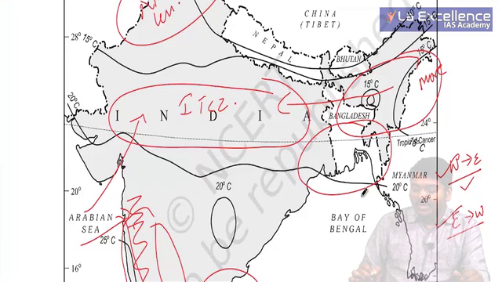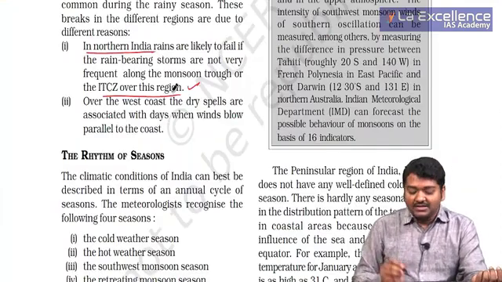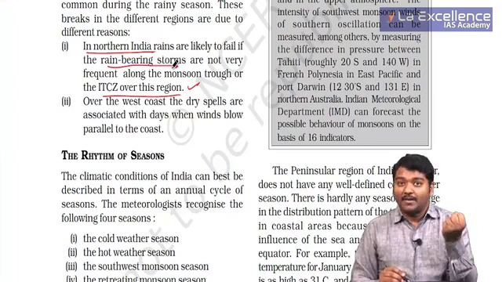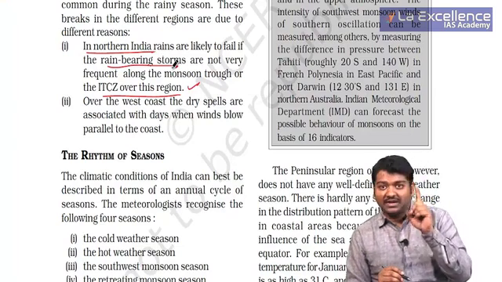But when you take the Bay of Bengal branch which hits this region, and again when it is coming back, by the time it comes back, the amount of moisture present here may also be less. Then can I say again rainfall reduces? So, what they are trying to say here is that over the ITCZ, if rain-bearing storms or clouds are not coming up, then they won't give rainfall. This is the first thing they try to say.